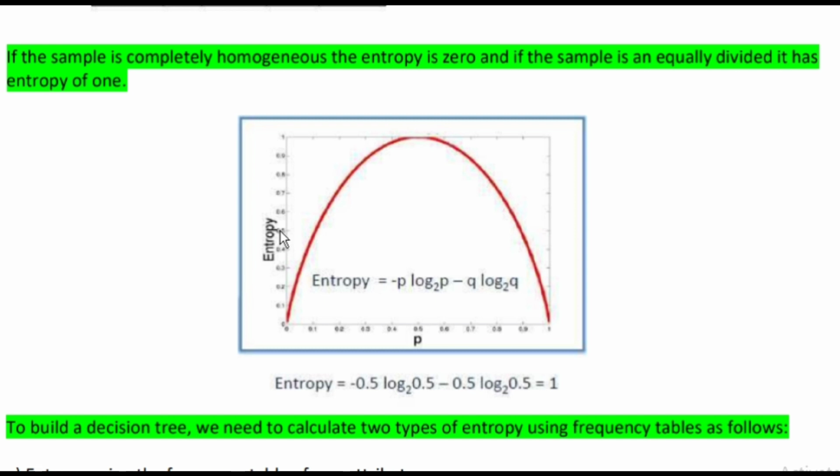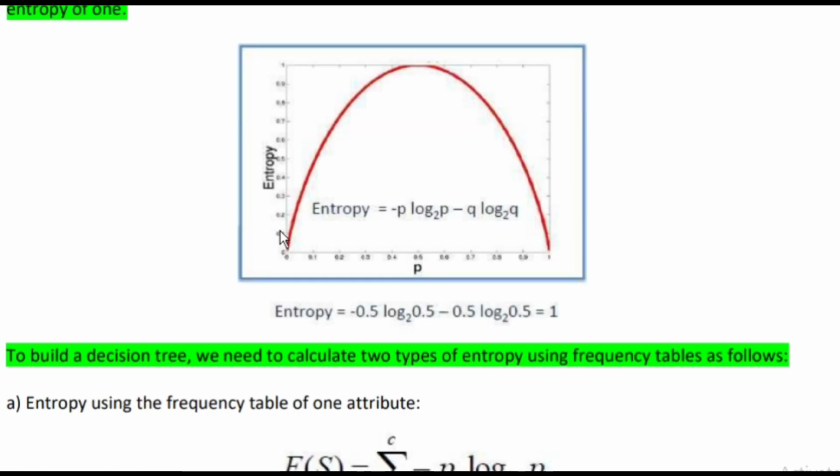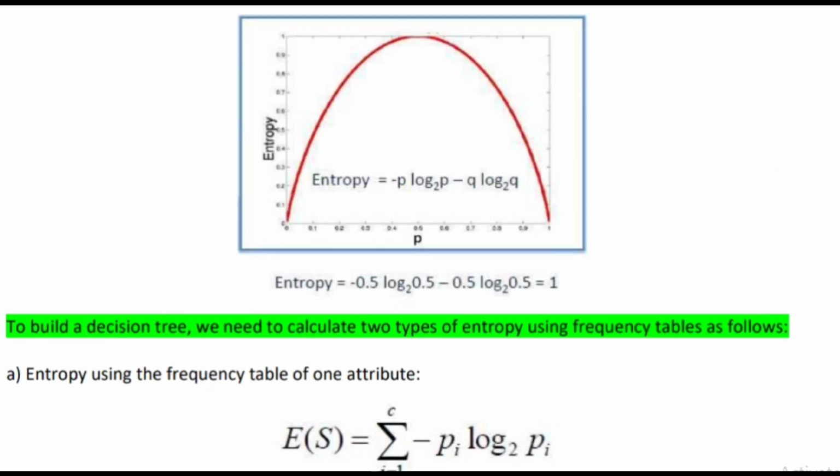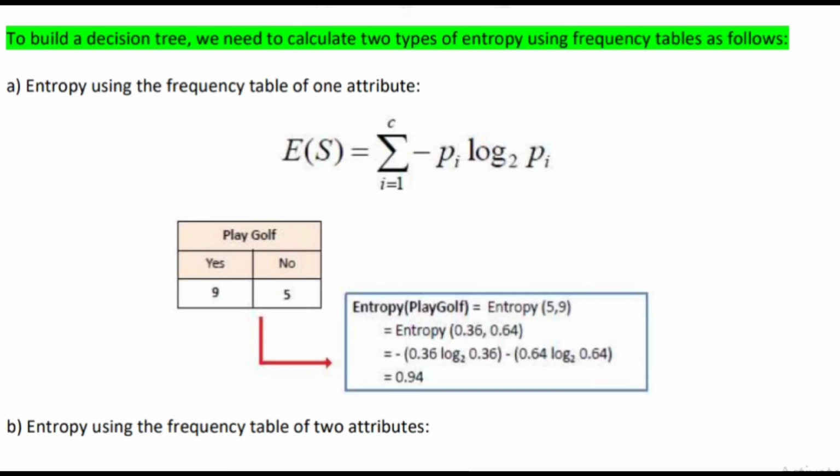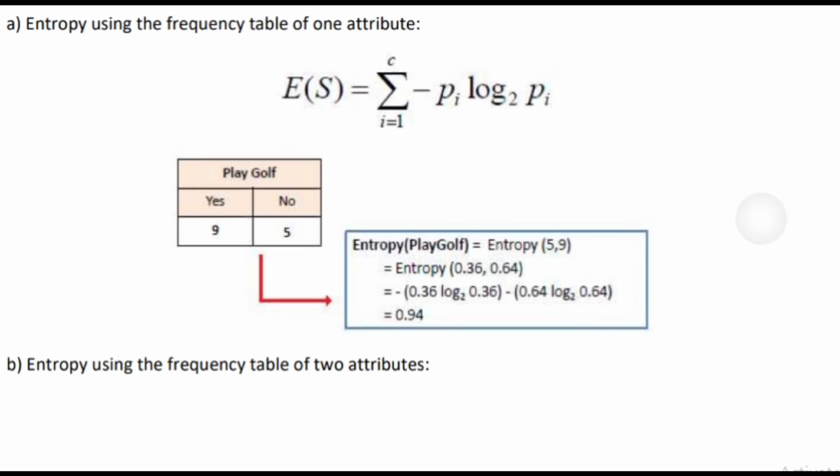To build a decision tree, we need to calculate two types of entropy using frequency tables as follows. A. Entropy using the frequency table of one attribute. E(S) is equal to summation i equal to 1 to c of minus Pi log Pi to the base 2.